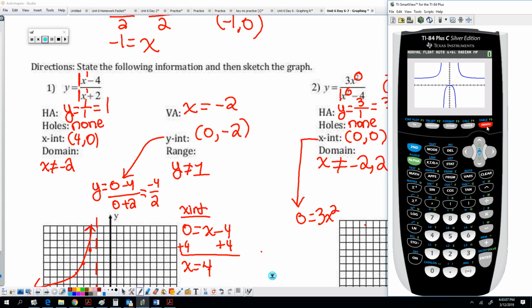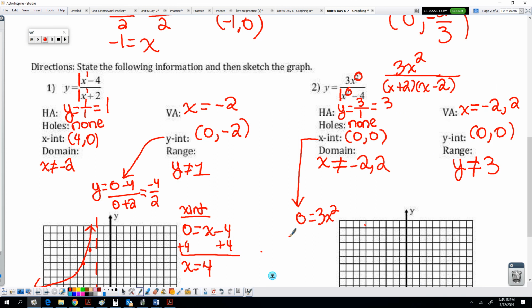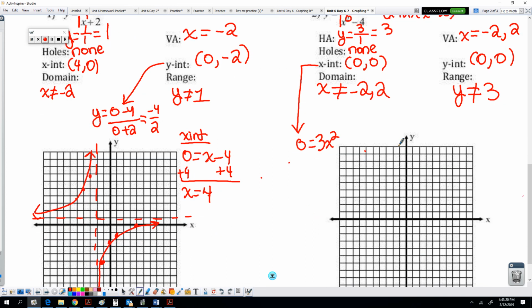Now, if you notice, it's in two parts. That's okay. It's still good. So when you're done with that, make sure that you have your two dotted lines going through x = -2 and +2. And y cannot equal 3 right here. Okay.